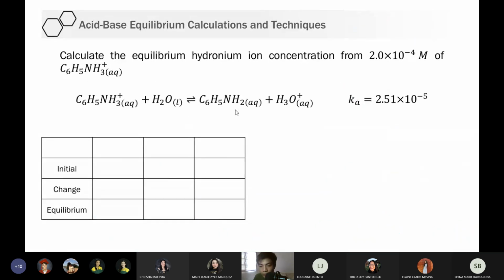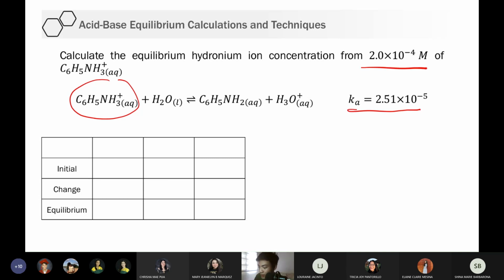Let's try this problem. Pag hindi to pasok sa small x approximation, hindi ko na gagawin. Okay, na bahala doon. Okay? Para ma-practice kayo. Okay, so let's check this out. Tignan natin kung pwede dito yung small x approximation. You divide the concentration of your acid with the Ka. So, divide natin.